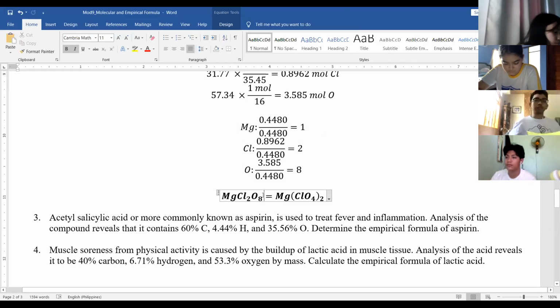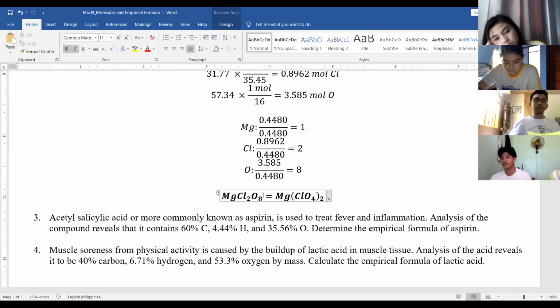In this lesson that we have right now, we don't need to complicate it by getting the parentheses, right? Whatever is common between 2 and 8. I can just accept the answer to be MgCl2O8. Anyway, the two of them are just equal to the same number of atoms per molecule or per element. So both of them are acceptable, both of them are correct. Any of the two are possible final answers.